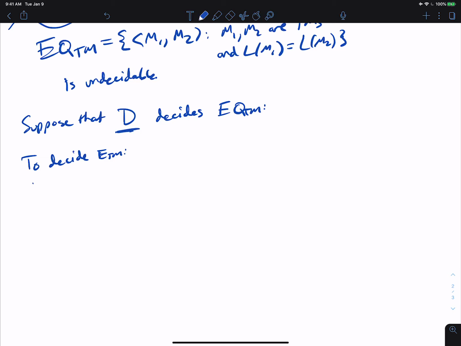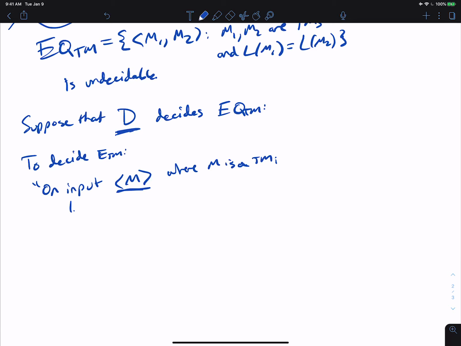Remember, ETM takes exactly one Turing machine. Let's call it M, where M is a Turing machine. So what do we do here? The decider D has to take two Turing machines. All we're trying to figure out is whether M's language is empty or not.